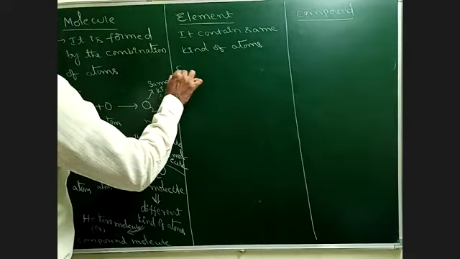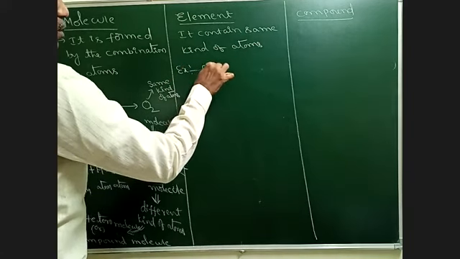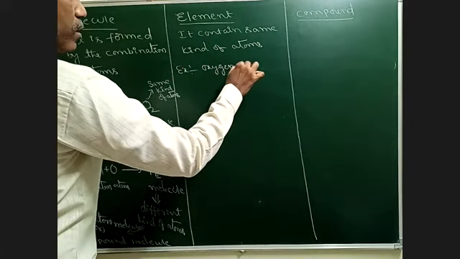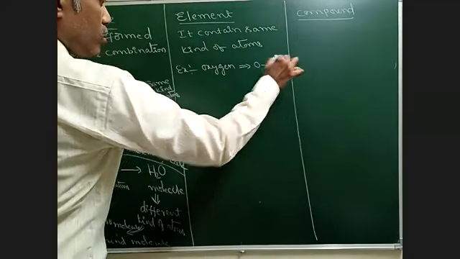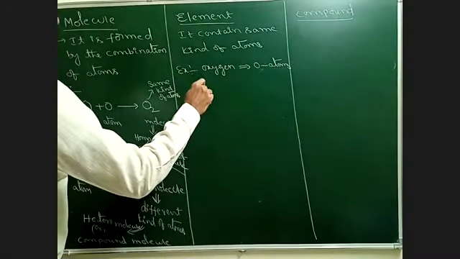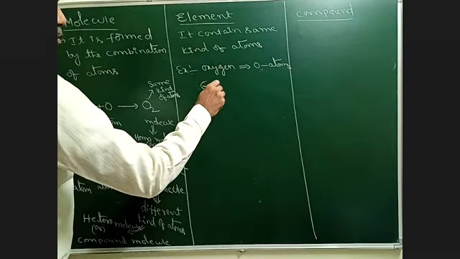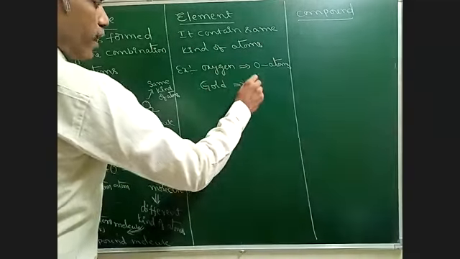Now, example: oxygen. Oxygen contains oxygen atoms. We take gold atoms.